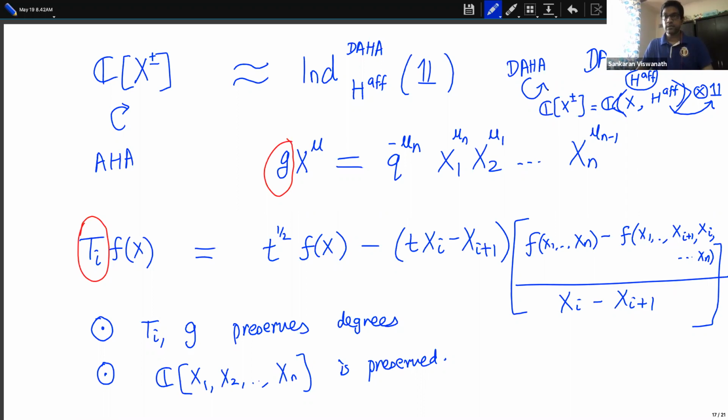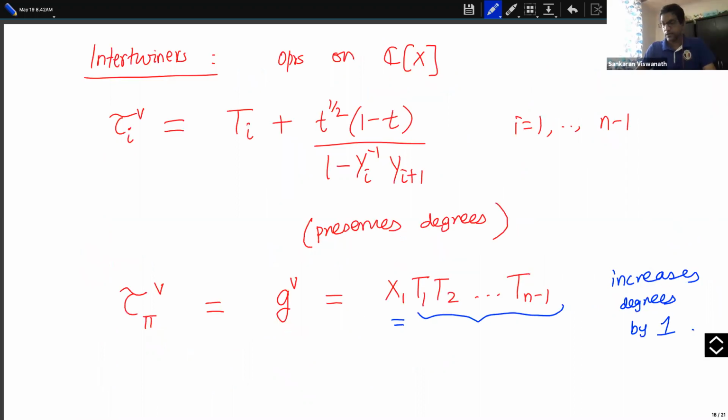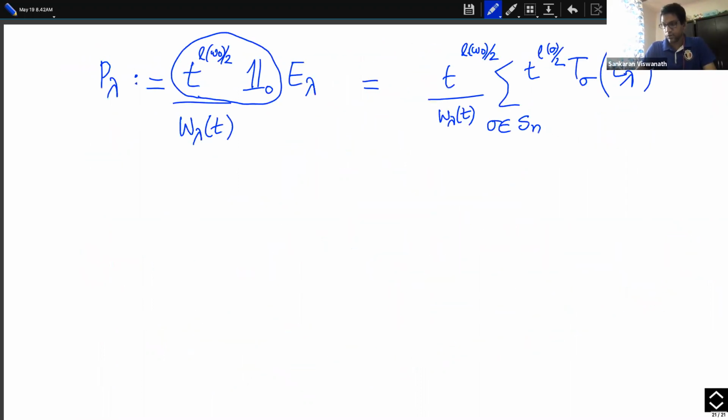So what you're trying to understand now is how the yi's act. Your original generators, whose action on the one-dimensional space you understood, after induction you want to ask how they act on this big space that you get as a result. This is one of the things I want to talk about eventually.